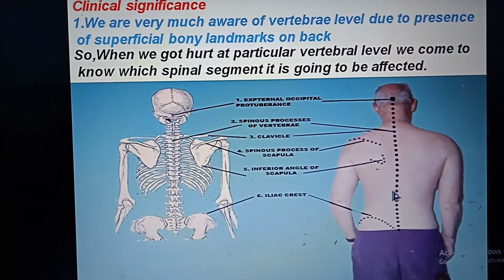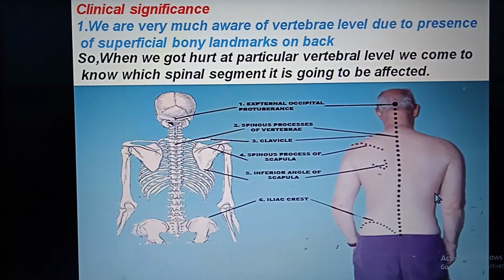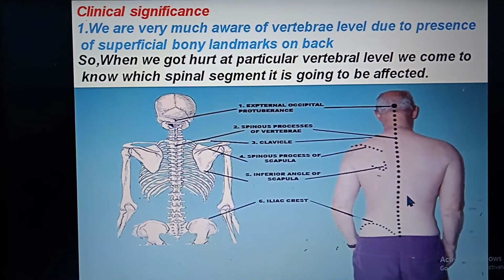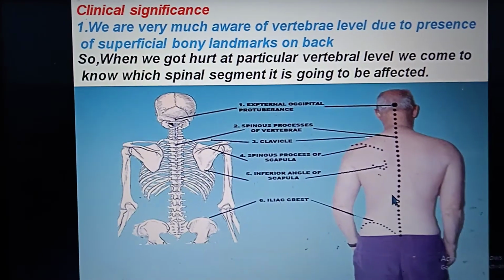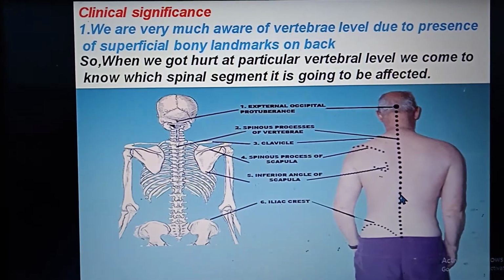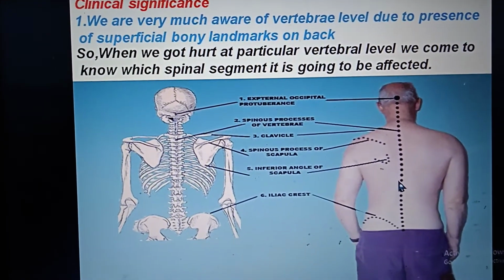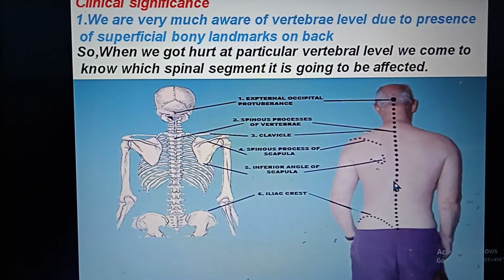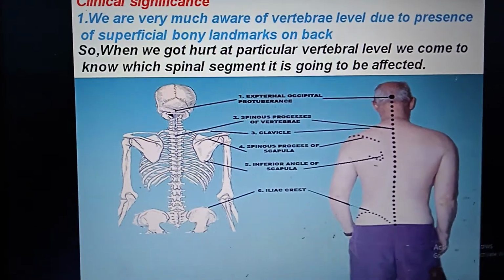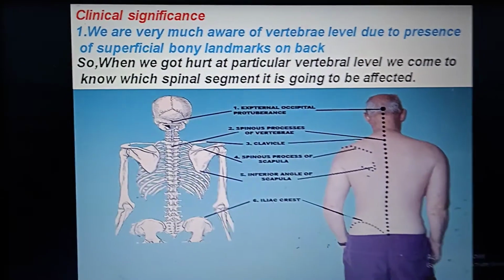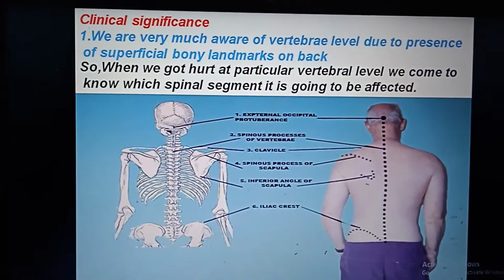First we palpate the inferior angle of the scapula, which is at the level of T7. Just above that is T6, and with the help of the formula we can work out which spinal segment is going to be affected.